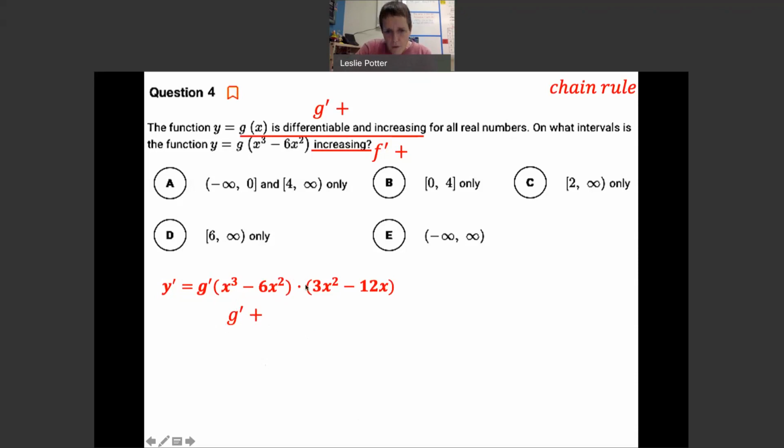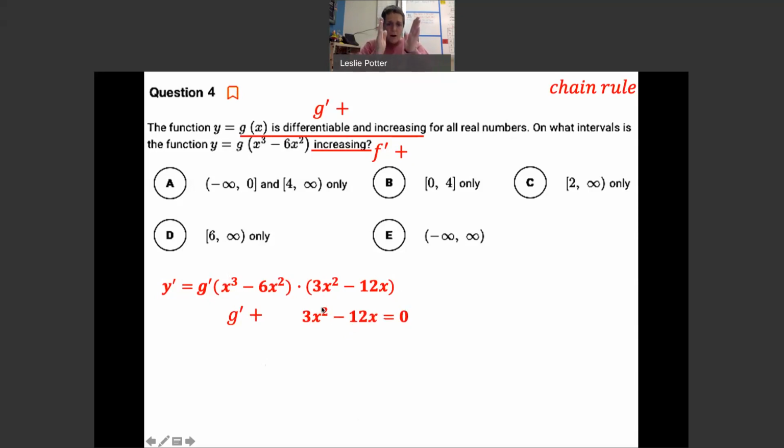So really, all we have to do is look at this part of the derivative, because we'll always be multiplying it by a positive. So we're going to focus on setting this equal to 0. Again, we're not looking at the whole derivative here because we know we have a positive value out here always.